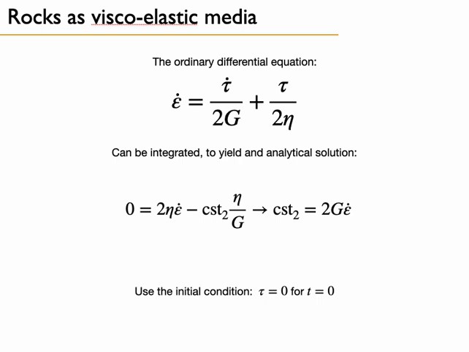So let's do it. We will assume that the stress is 0 for t equal to 0. So we set tau equals 0 and time equals 0. We end up with this expression: 2 eta strain rate minus constant eta divided by g. This leads to the expression: constant is equal to g times strain rate.